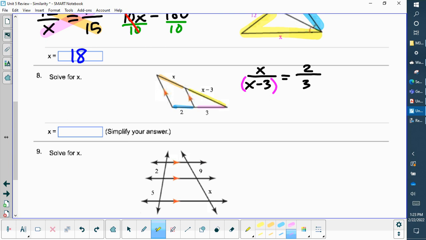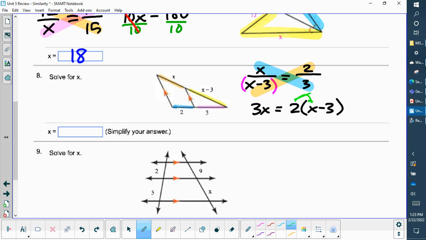Okay, now cross multiply. This times this equals that times that. I don't care which one you do first. I'm going to do the blue stuff first. And here's where the parentheses come into play. You have to have those parentheses, so you distribute. I get 3x equals 2x minus 6.